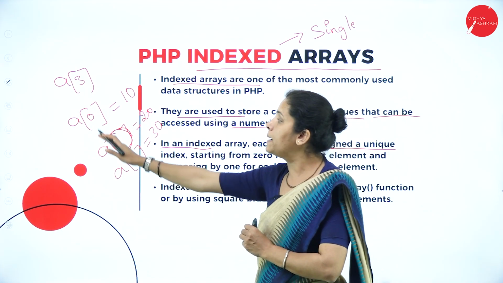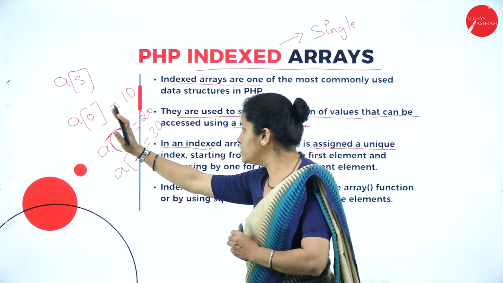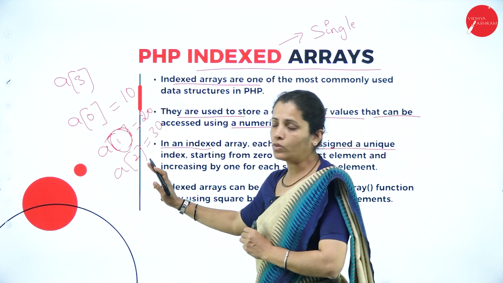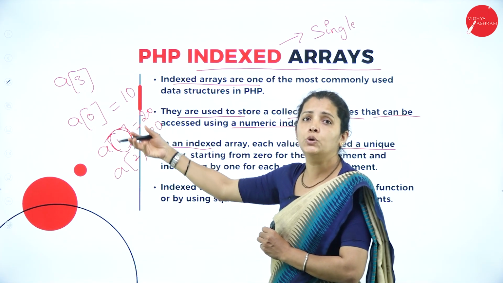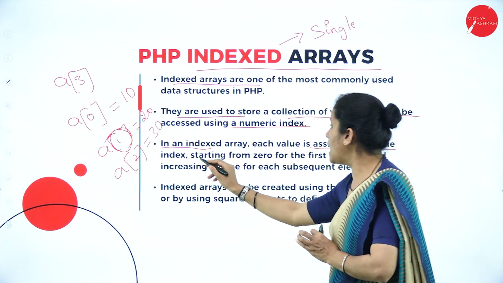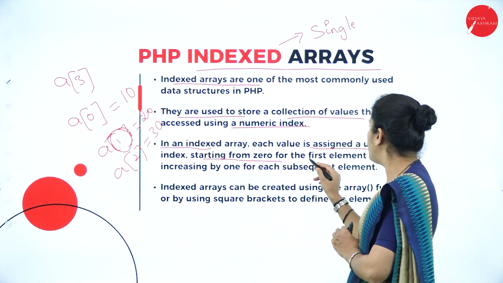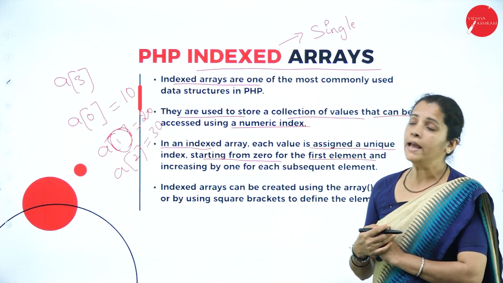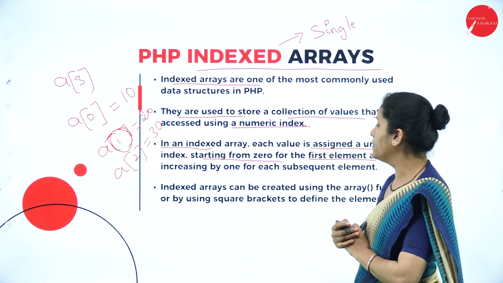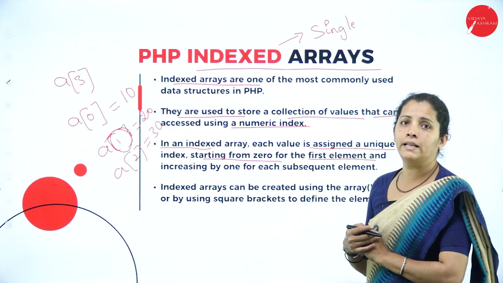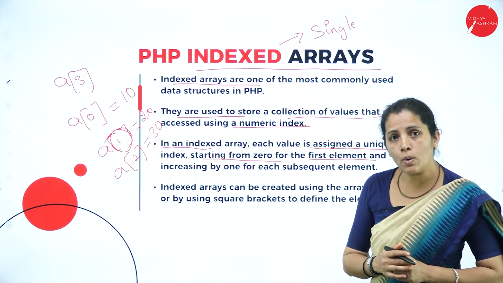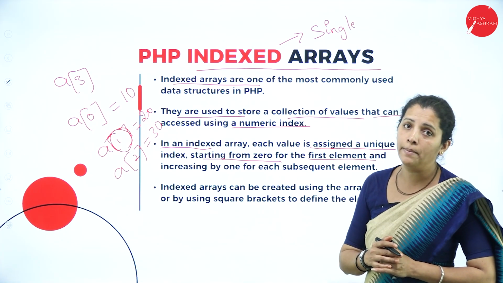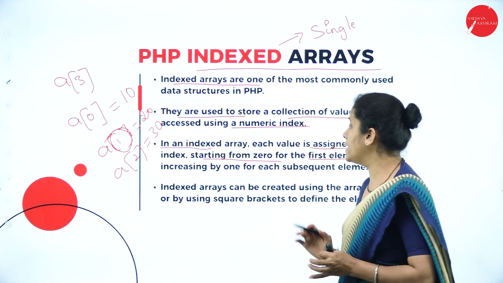If I consider my index starts from 0 to 2, each index is unique here and it starts from 0. So, the first element I am going to place at the 0th index, and the last one is nothing but n minus 1. So, what's my index value for the last element? That's nothing but n minus 1.